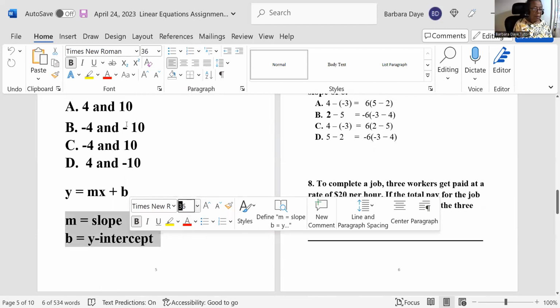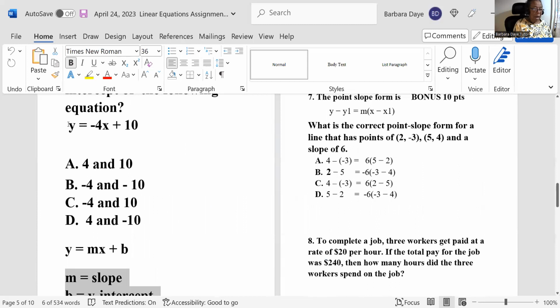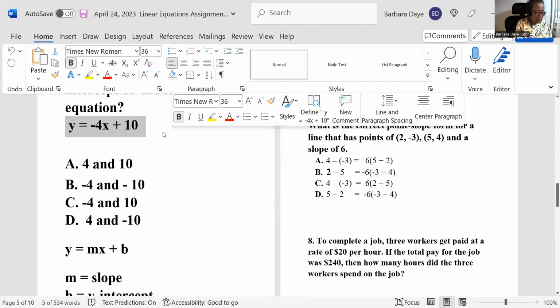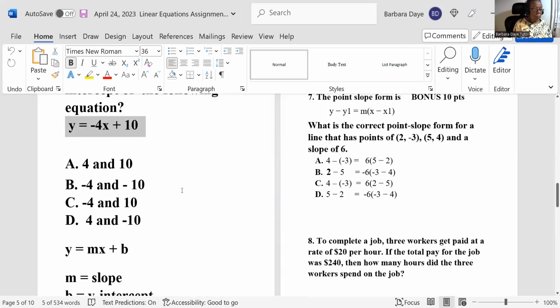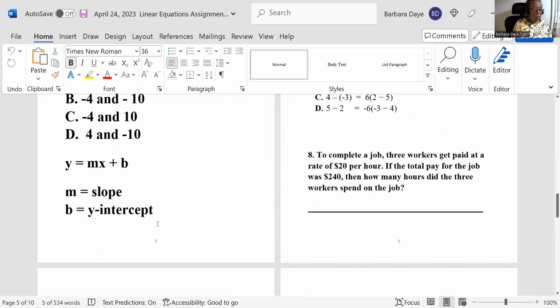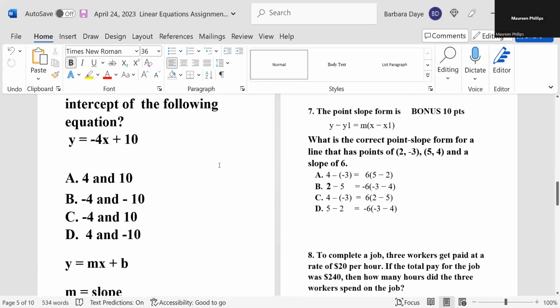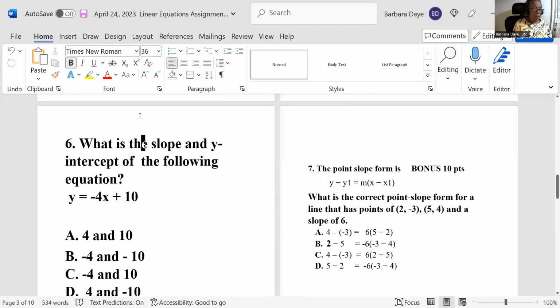Okay, now here's the formula. Y equals minus 4x plus 10. What's the coefficient of that x, Maureen? The coefficient of the 4? Okay, the coefficient is the negative 4.